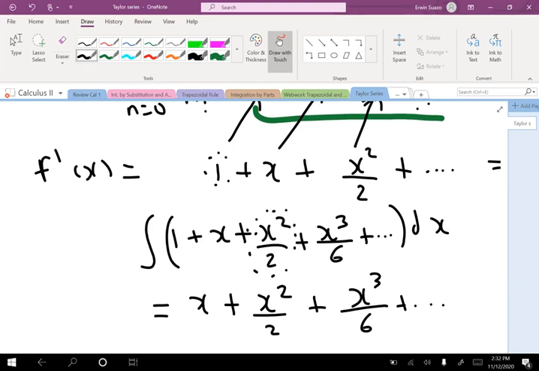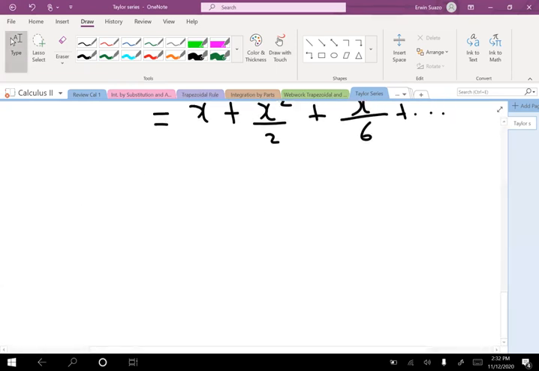Okay, so basically, how do you find the derivative of a power series? Term by term. How do you find the integral of a power series? Term by term, as long as you are inside of the radius of convergence. So let me give you the theorem, so you have an idea of what is going on, and then we can move to Taylor.